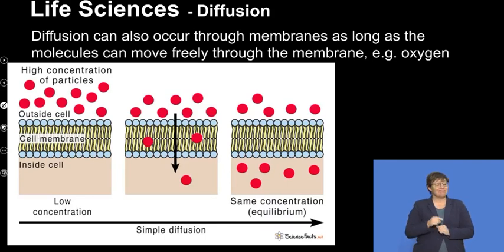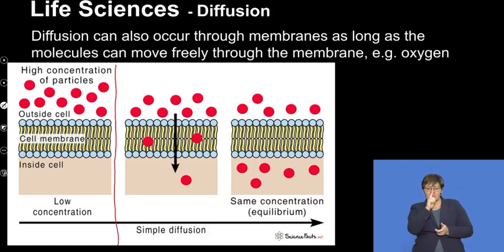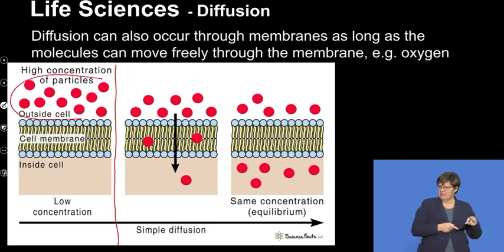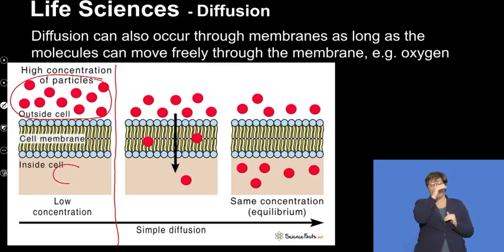Diffusion can also occur through membranes as long as the molecules, for example, oxygen, can move freely through the membrane. If we look at this diagram, here is the experiment in the beginning with a high concentration of particles, say oxygen, outside the cell and nothing inside the cell. So we end up with a big concentration difference, a high concentration and a low concentration.